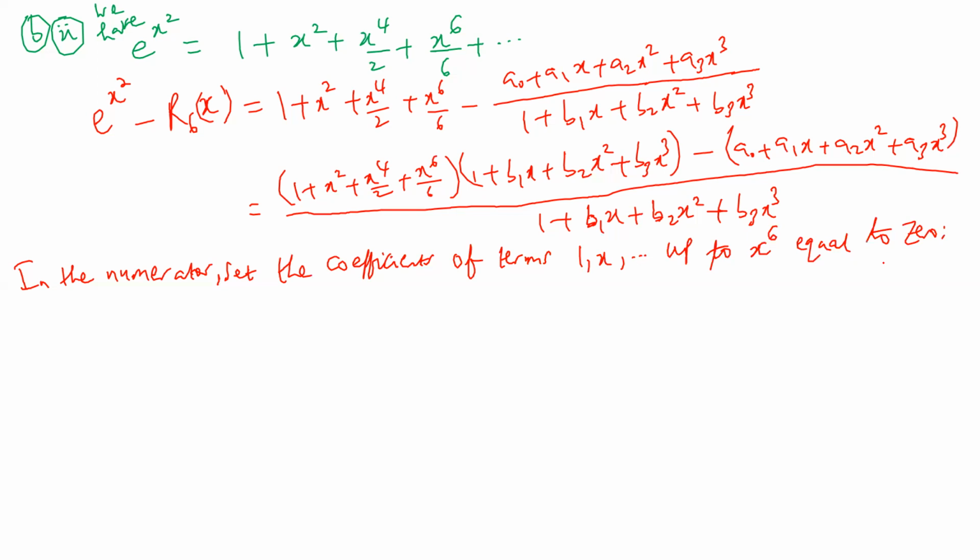In the numerator, set the coefficients of terms 1, x up to x to the 6th power equal to 0. You note that this is what we did last time.